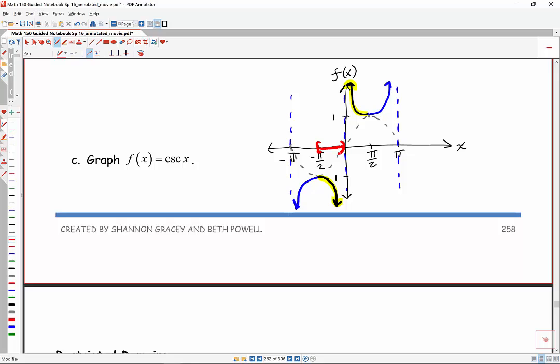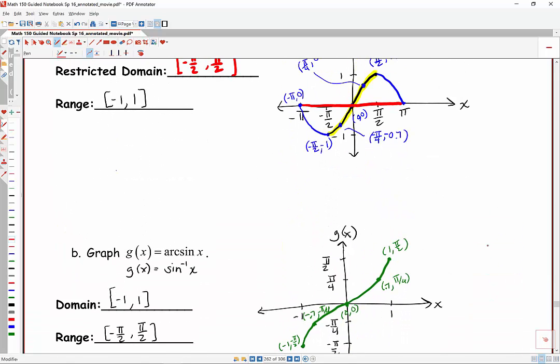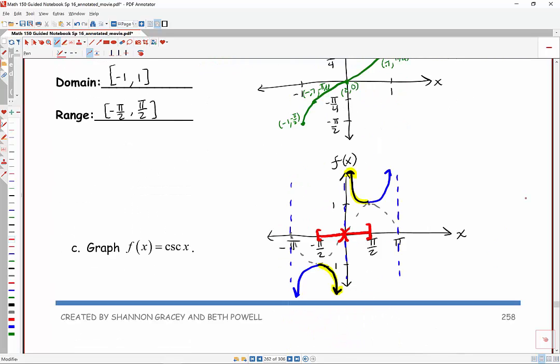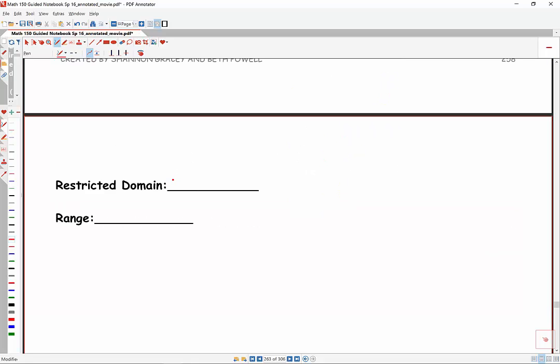Whereas the original one we could be inclusive on our domain, over here we have to make sure we don't include the vertical asymptote. So our restricted domain will be negative pi over 2, which is included, to 0, which is not included, union 0 to pi over 2, where we include pi over 2 and not 0.